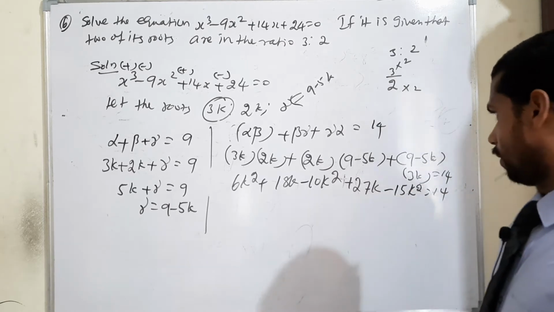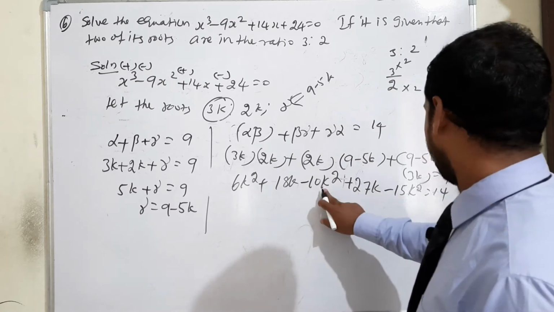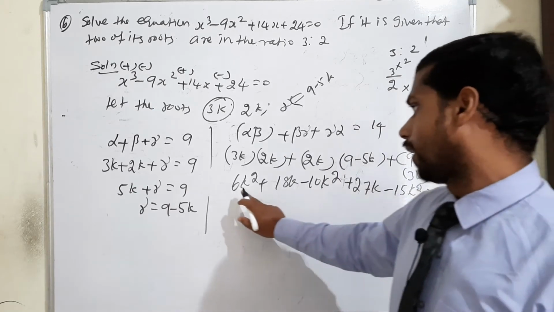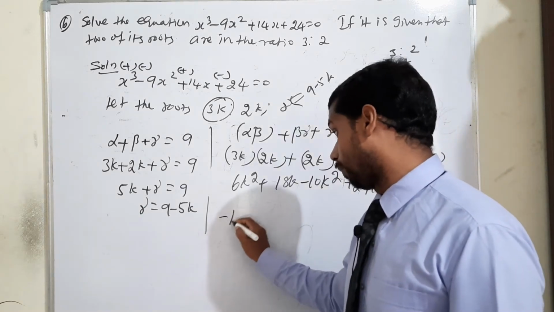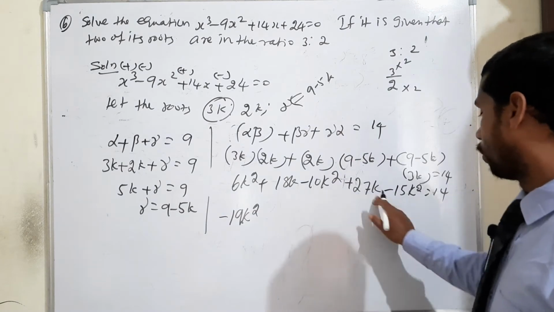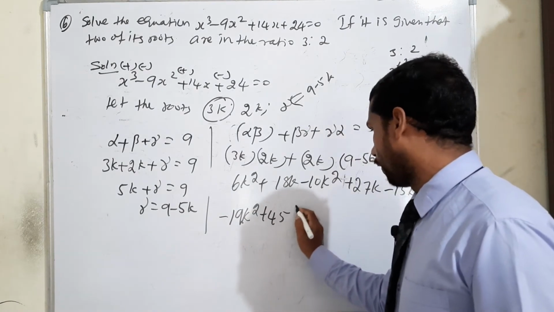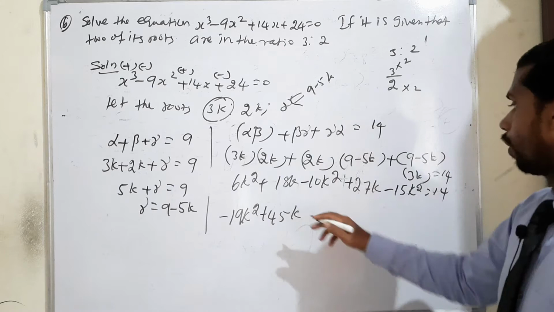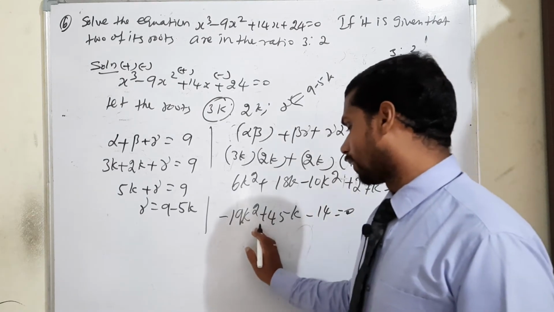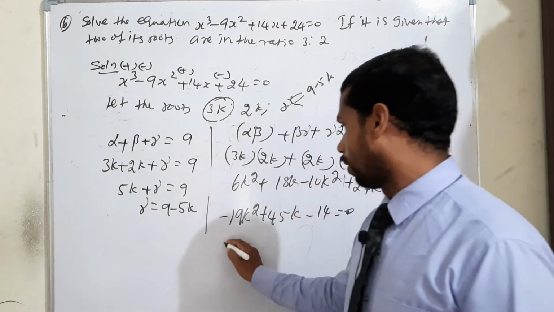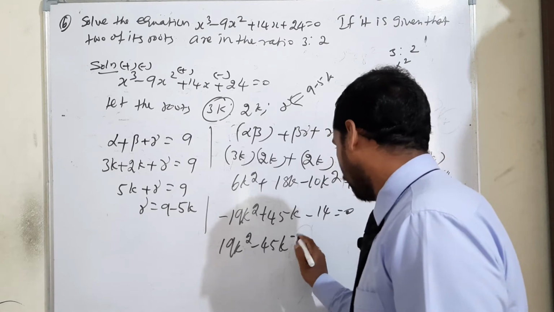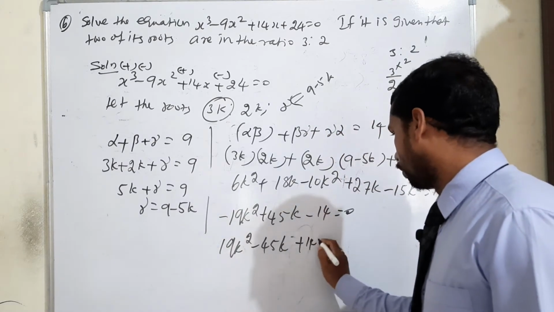Now look there: 6k square minus 10k square minus 15k square, definitely minus 19k square. Next, 18k plus 27k is 45k, and the constant 14 brought to the opposite side means minus 14 is equal to 0. Now throughout the sign changes, why start with the negative sign? So 19k square minus 45k plus 14 is equal to 0.